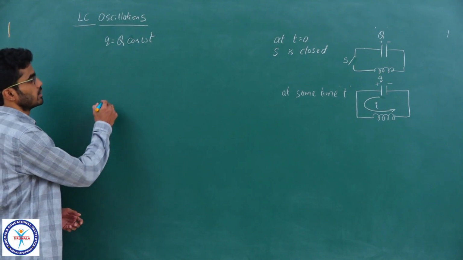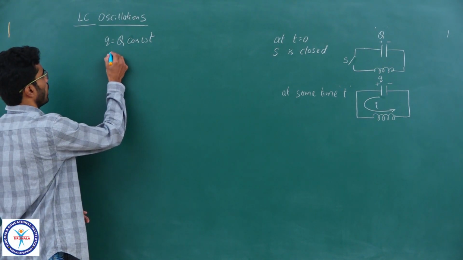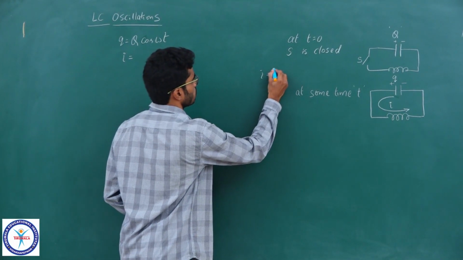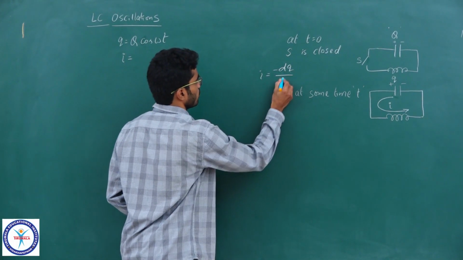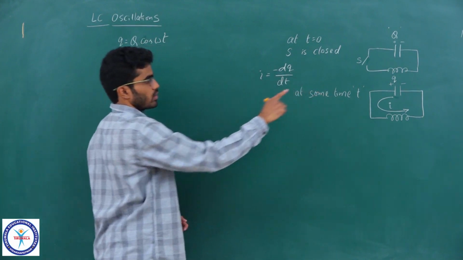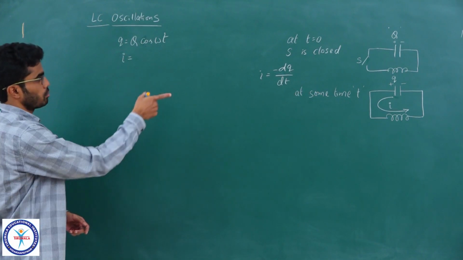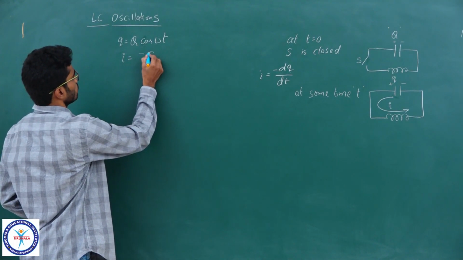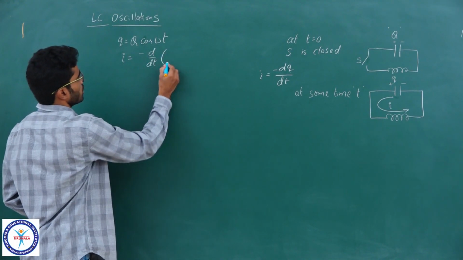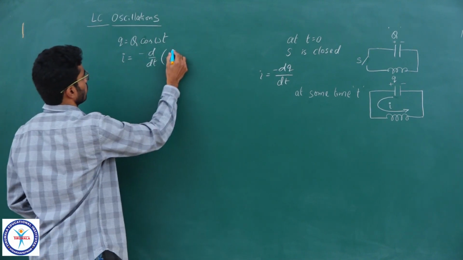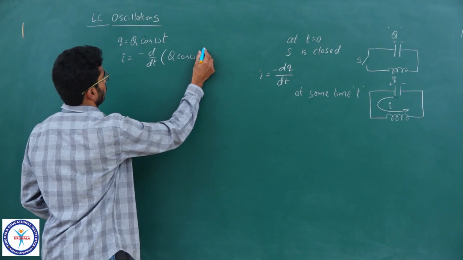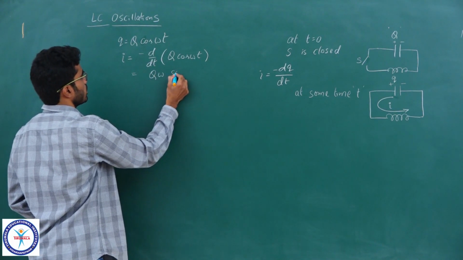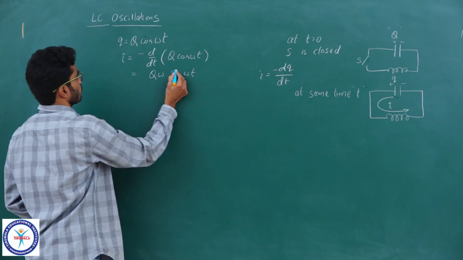Now let us find the current in the circuit. According to our convention, I we have taken as minus dq by dt here. So the anti-clockwise current is minus dq by dt, and if you differentiate this equation, you will get Q omega sine omega t.